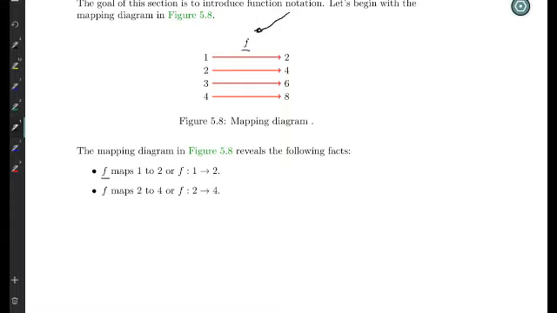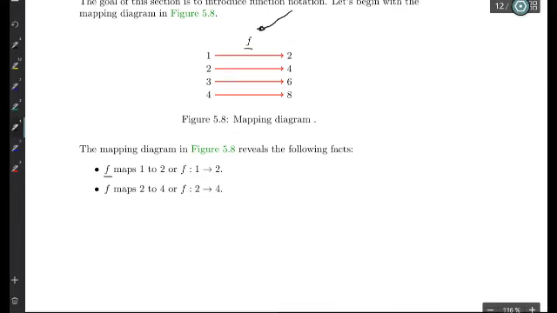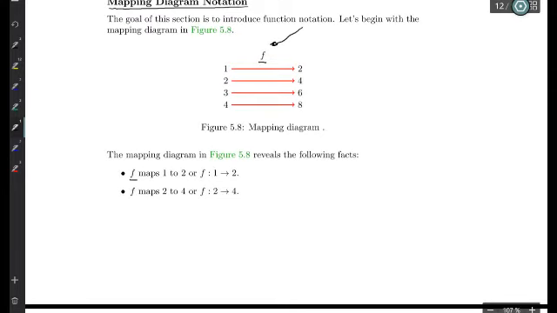Maps or pairs the number 1 with the number 2. And then f is what is a map? It's a set of instructions for figuring out terrain. That's what we usually mean when we talk about maps. So think of functions as rules. They're sets of rules.